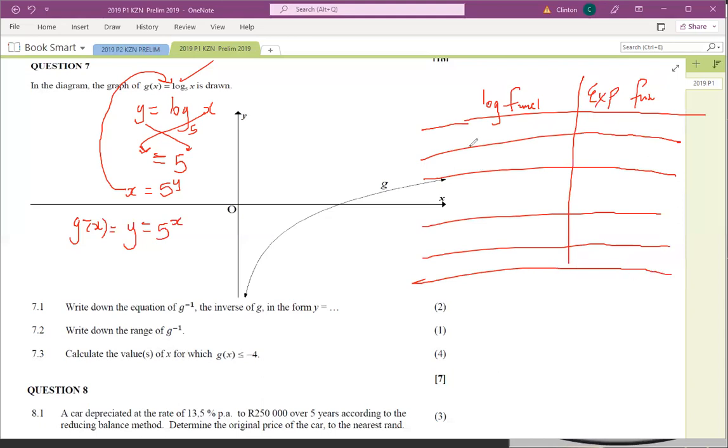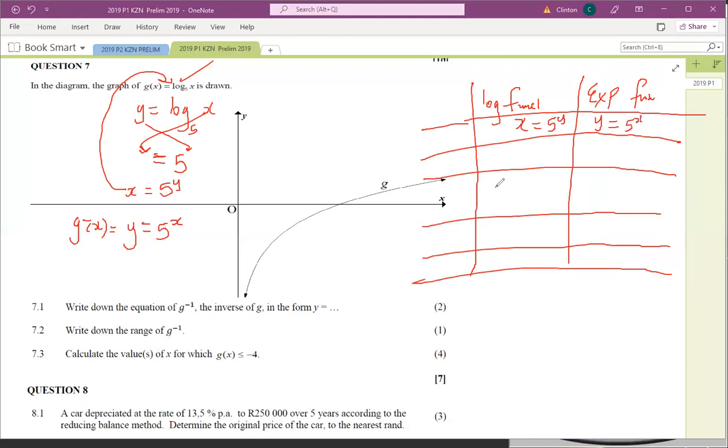Remember, your log function is x equals 5 to the power y, and your exponential function is y equals 5 to the power of x.